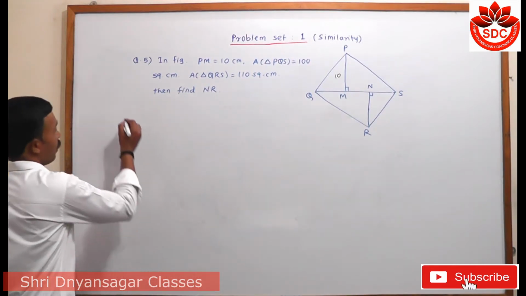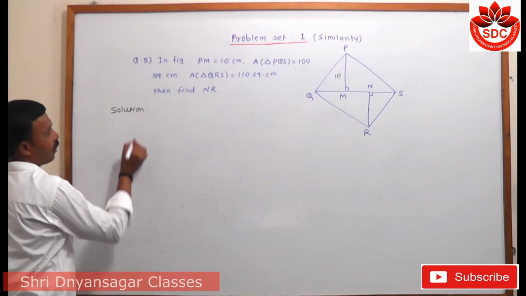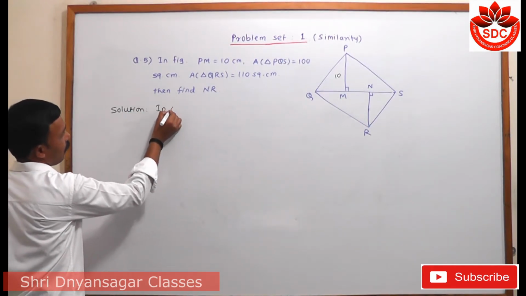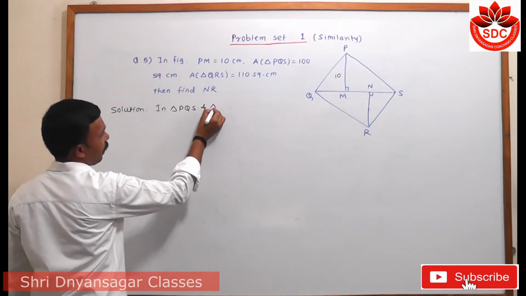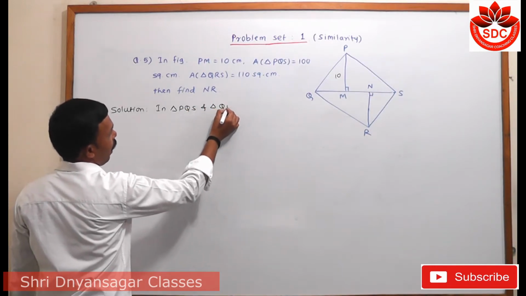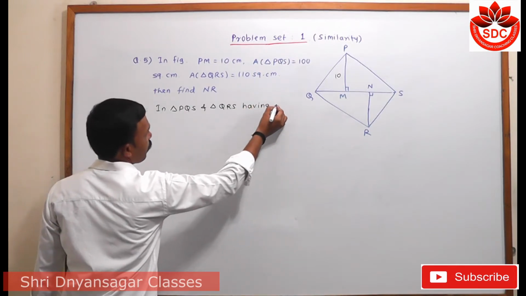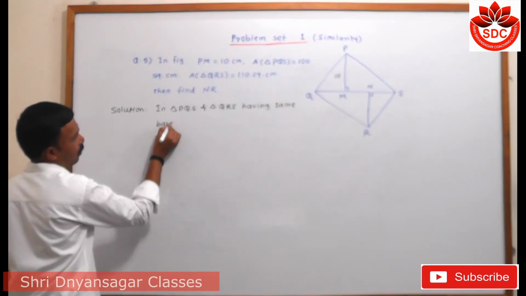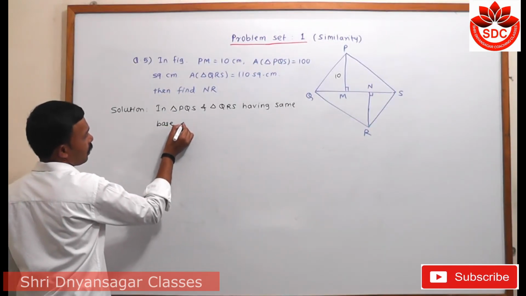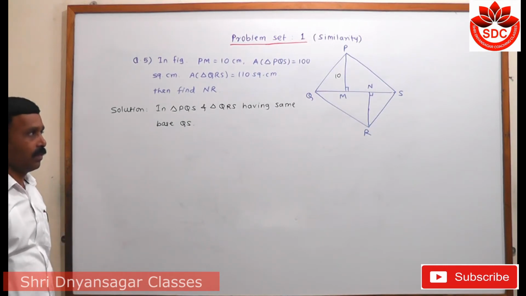So the solution is: for triangle PQS and triangle QRS having the same base QS.